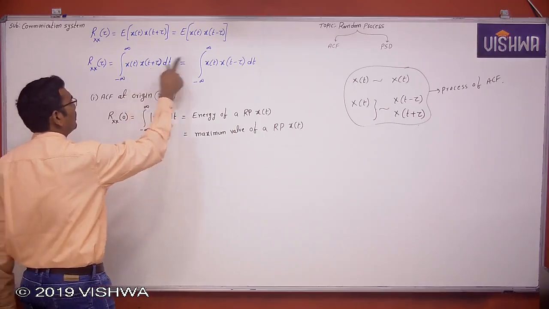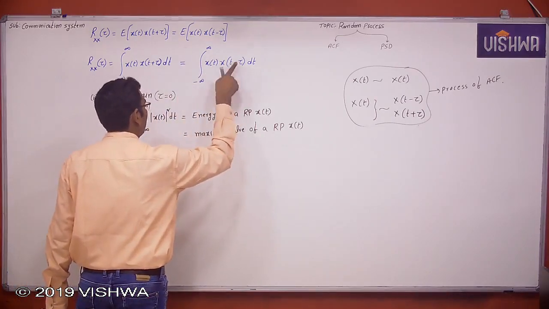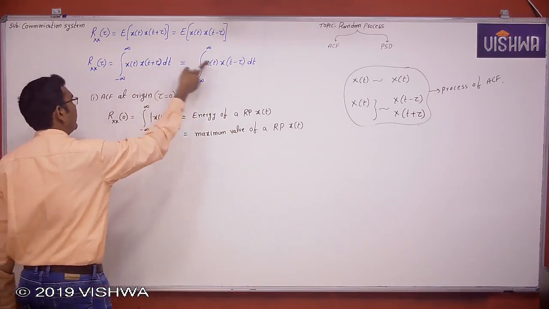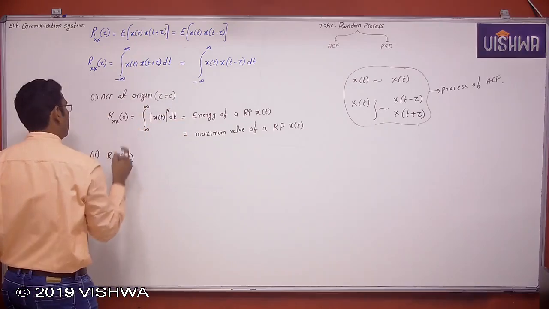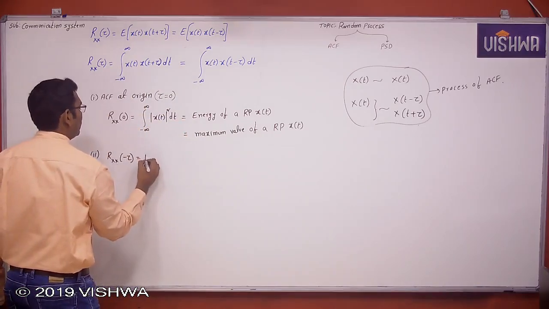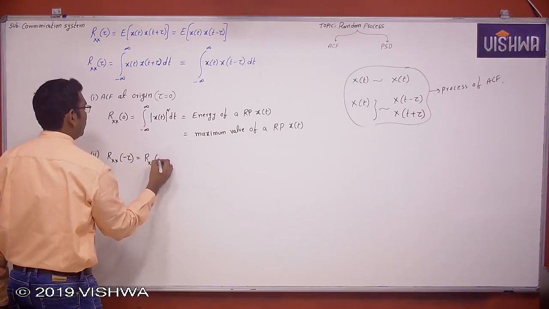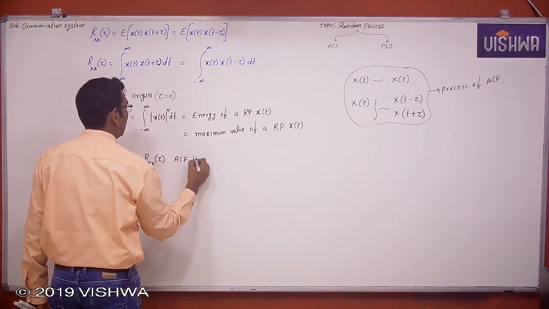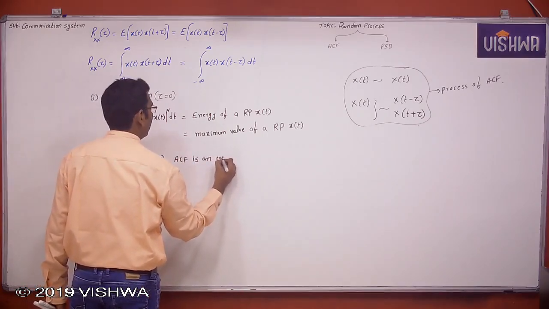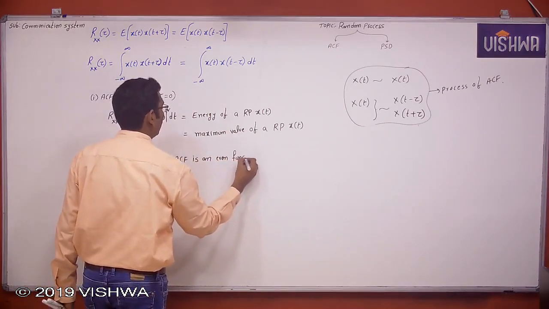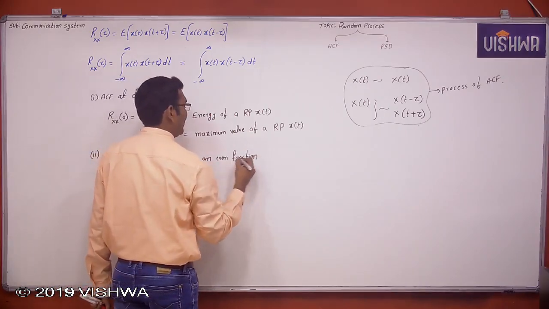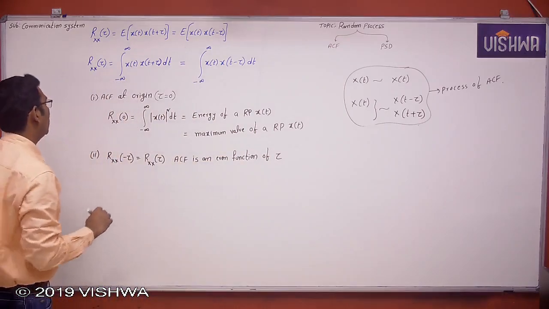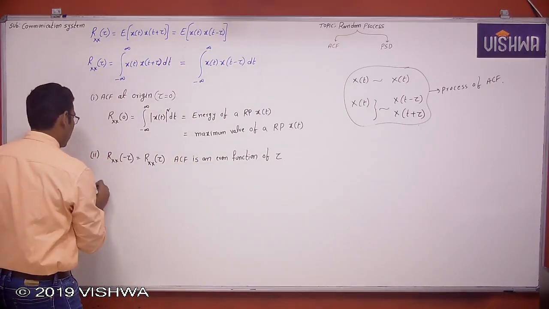If you substitute minus tau here, you can get this, which is nothing but Rxx of minus tau, which is equal to Rxx of tau, which is nothing but autocorrelation function is an even function of tau.